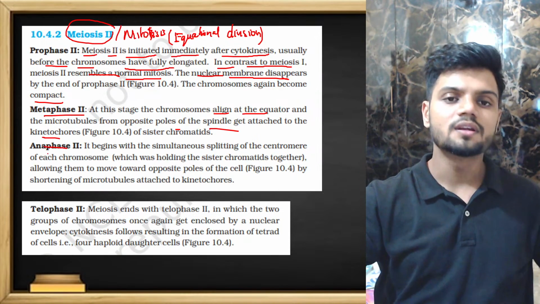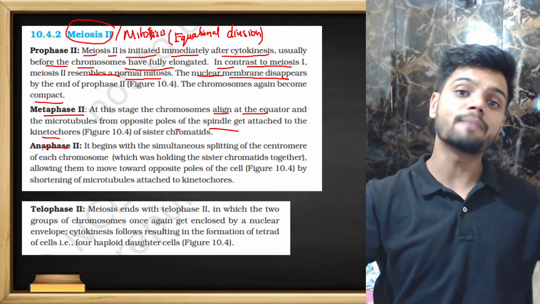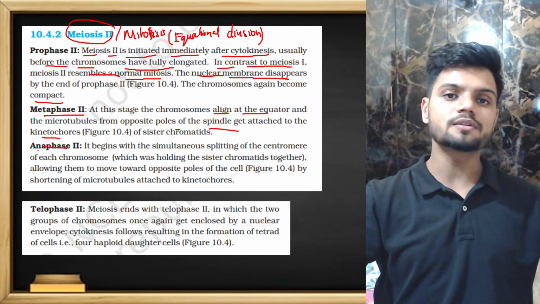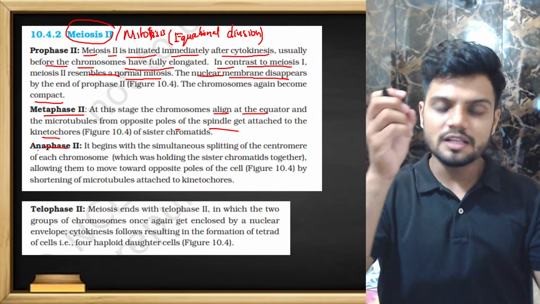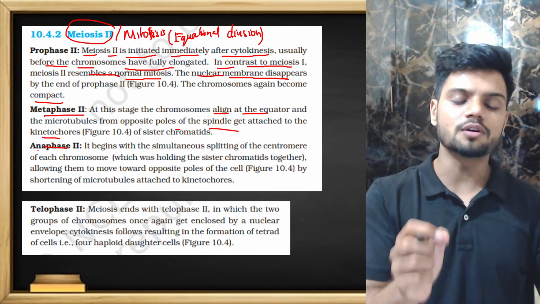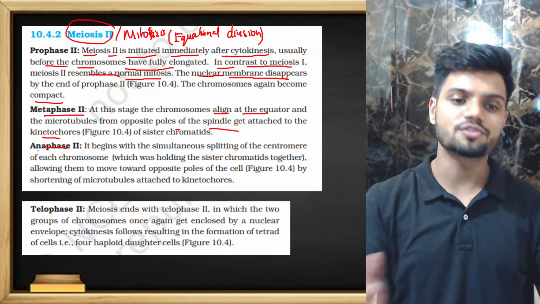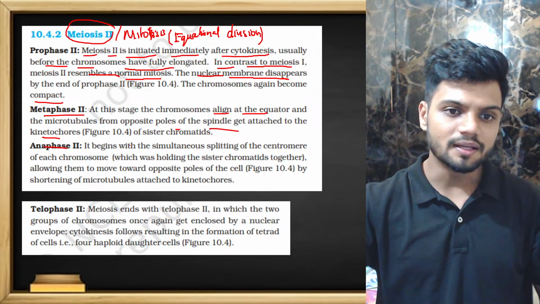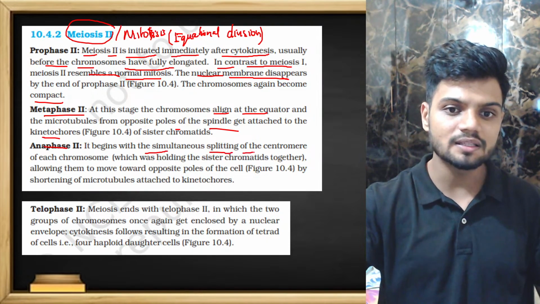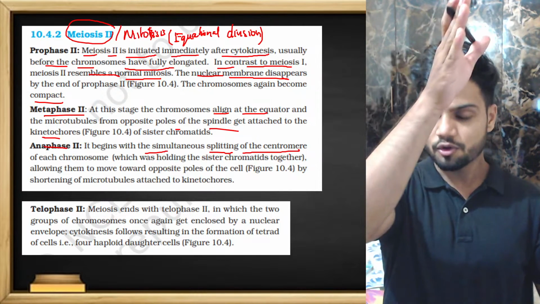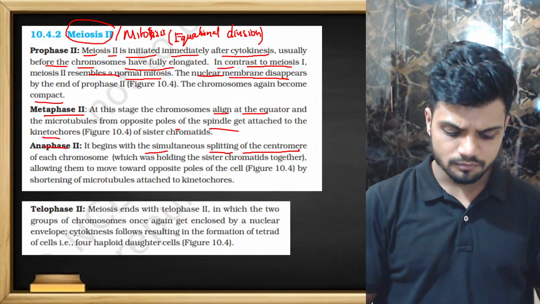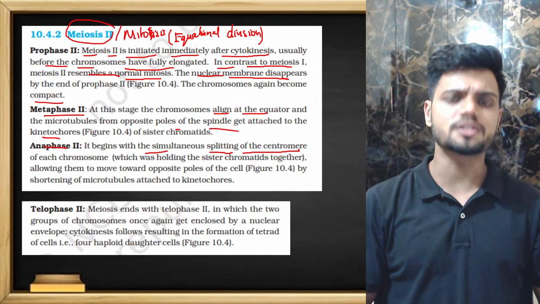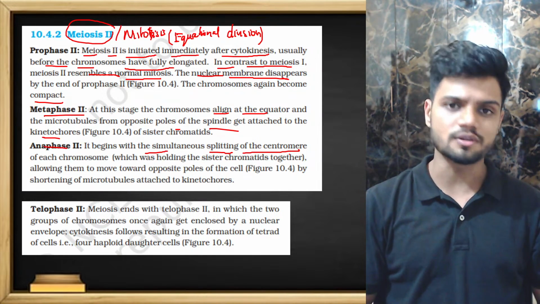What is happening in anaphase? Remember, students, in anaphase of mitosis there was splitting of the centromere. So the splitting of the centromere in meiosis happens in anaphase 2. It begins simultaneously by splitting the centromere. There is a famous question now: the centromere splits in which two stages, in mitosis and meiosis?